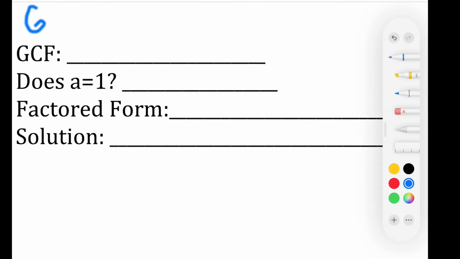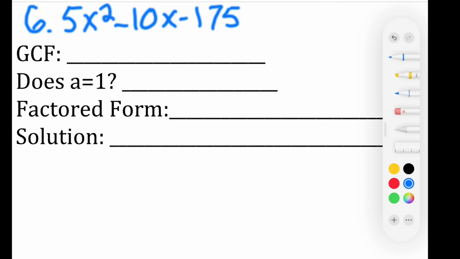Number 6 was 5x squared minus 10x minus 175. And it was already equal to 0. So our first step was already done for us. Once that equals 0, then we have to determine what the greatest common factor is. Well, our smallest coefficient is 5. 5 can go into all three terms. So our greatest common factor is 5.